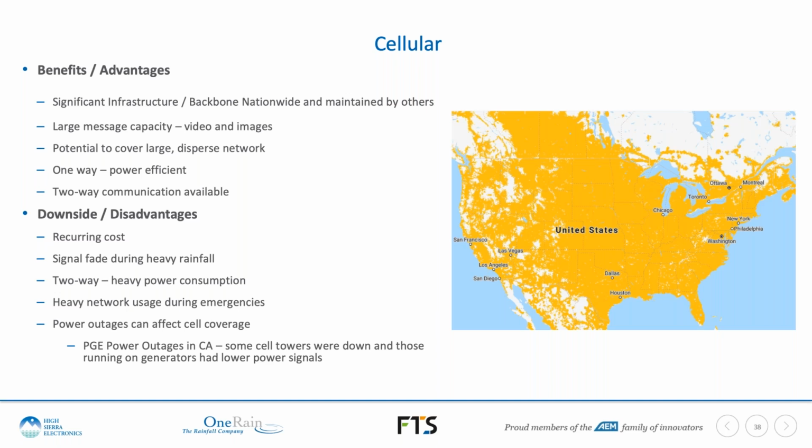It also has the potential to cover large areas with a dispersed network of gauges. So earlier James was talking about ALERT technology, which is great for a city, county, or region where you might have a number of repeaters bringing the data into a central location.